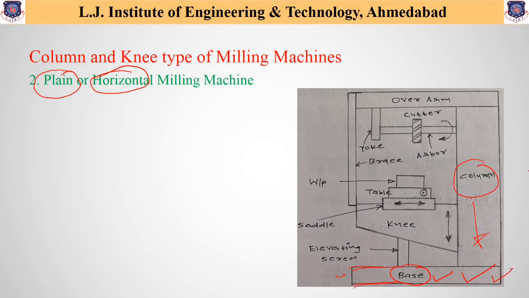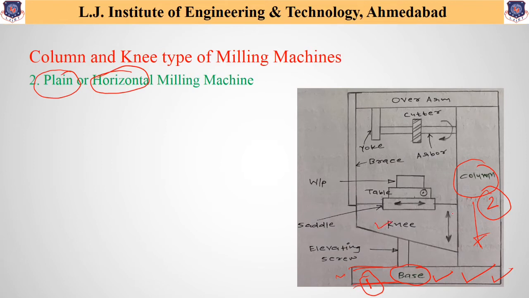And as we can see, the column shown over here is screwed to this base. So our next part is the column. The first major important part, the base, is available in all column and knee type milling machines. Now the second member is the column, and it has vertical parallel guideways on the front face in which the knee slides up and down, which can be seen from here.